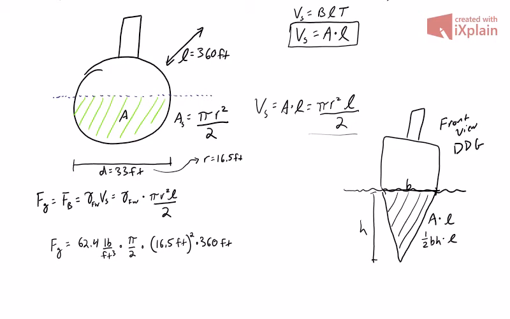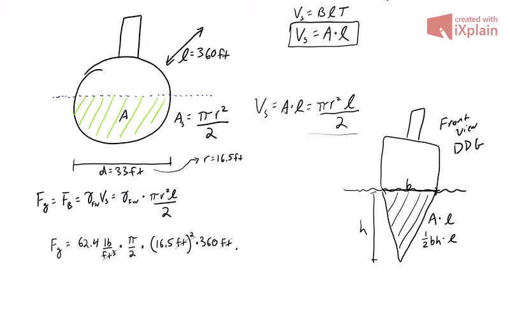Traditionally for ships, you want to express your weights in long tons. If you leave it in pounds, you get a very, very large number. The feet and feet squared will cancel out with the feet cubed.